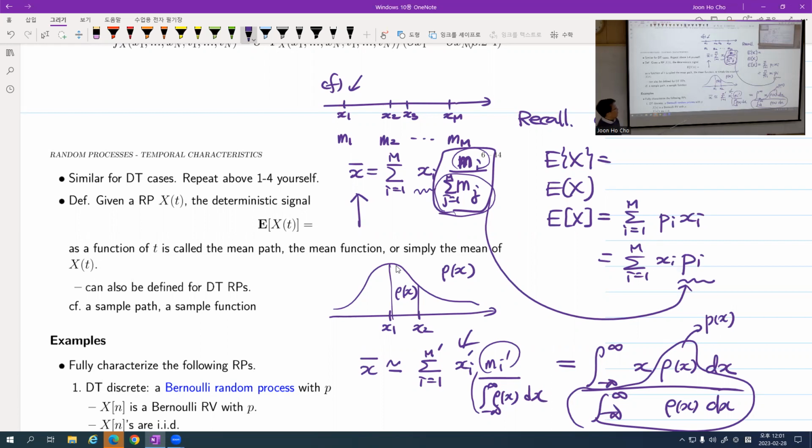So you have the same unit between this one and that one, got it? Because this is a unitless quantity. Now, given that, our question: what is the expected value or statistical mean over a random process?